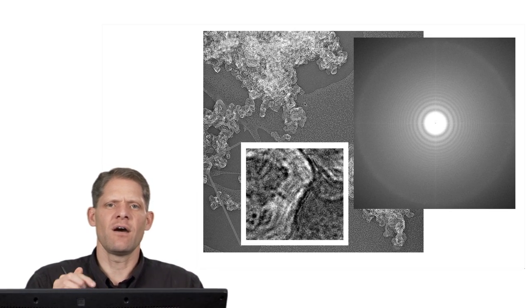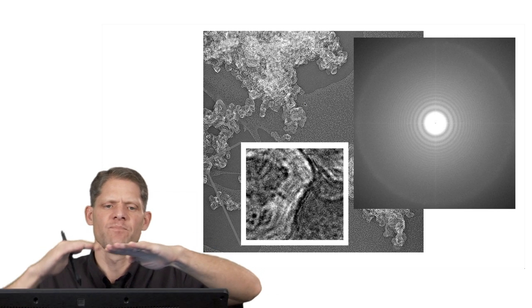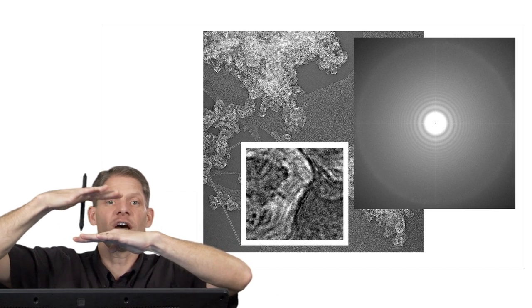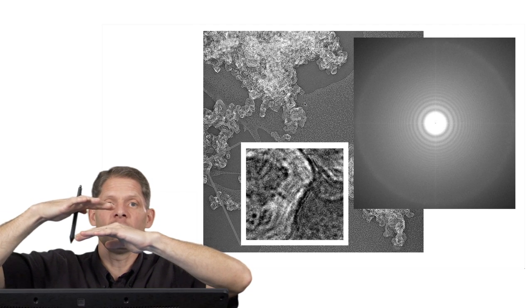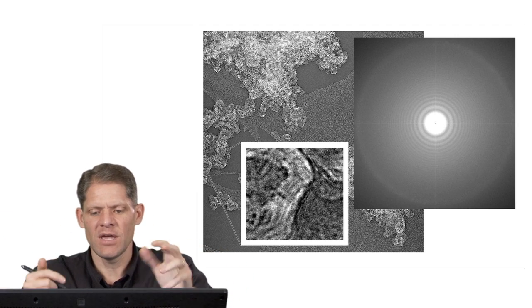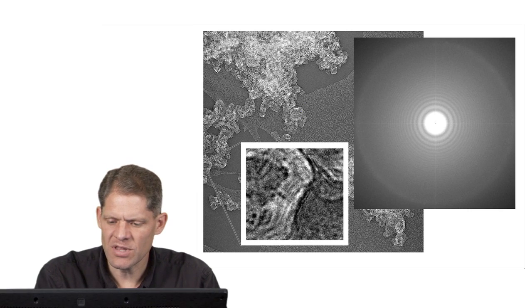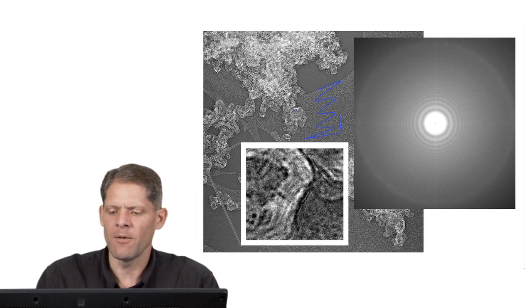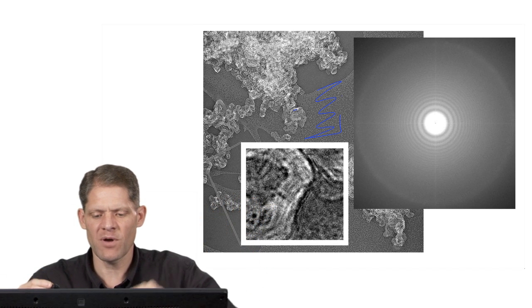Graphite is layers of carbon, and each layer stacks on top of the others, and when they pile up, they can be bent and folded in all kinds of directions. So this is the graphite material, layers of graphite that are folded in on top of themselves. This stuff is a carbon film that was used to support the graphite.